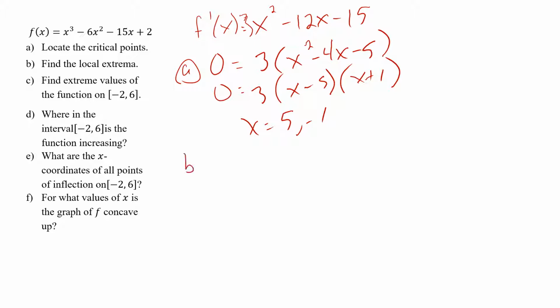So for B, we're going to make a table or a number line. We have x, we have f prime of x, we have the derivative, and we're just looking to see if the derivative is positive or negative. So let's put our numbers on here, negative 1 and 5.